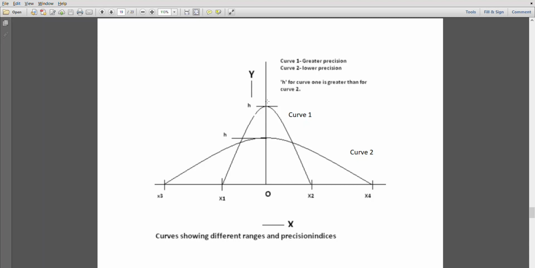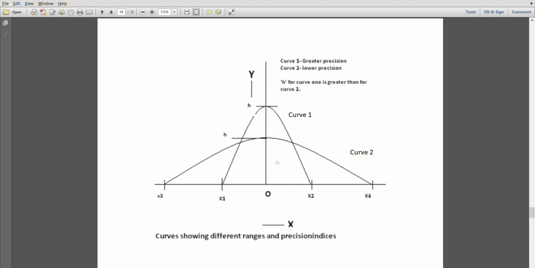Curve 1 has the higher peak value when compared to curve 2, and because of this dispersion, the mean value gets reduced. If the dispersion is large, the peak value is small, and if the dispersion is small, the peak value is large.